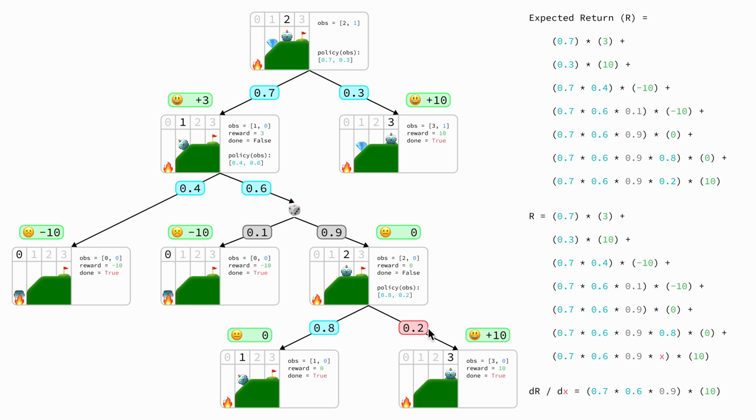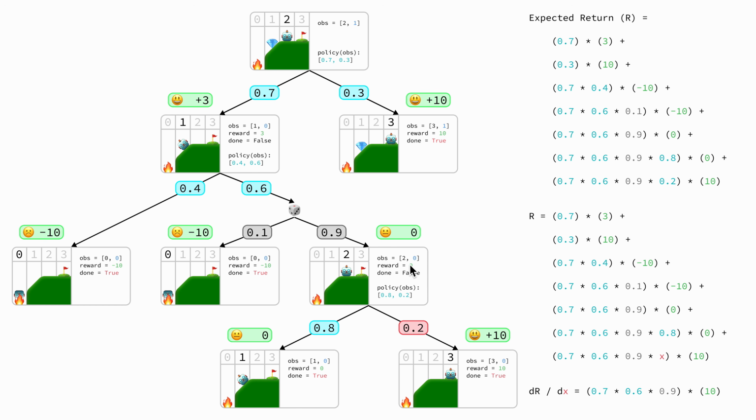So the pattern is that all these partial derivatives will be the probability of ending up in the node from which that action can be taken, multiplied by the expected return after taking that action. And if we think about it, that makes intuitive sense. Once we're in this node, if we can increase this action probability by a little bit, we'll increase our expected return by that little bit times 10.